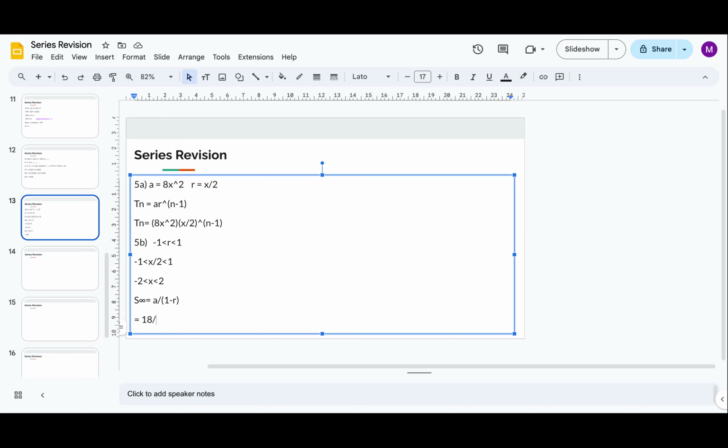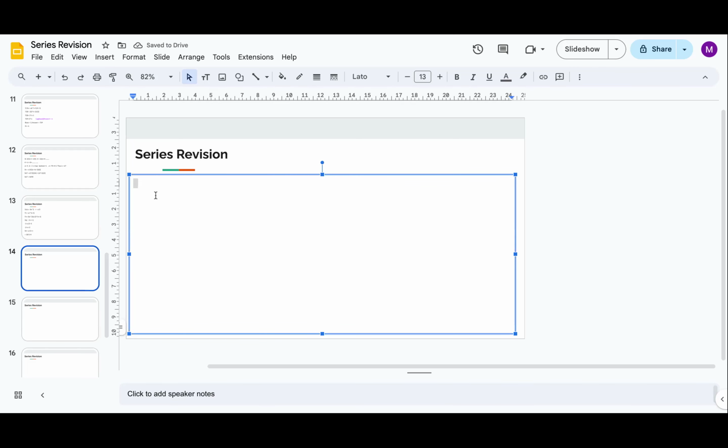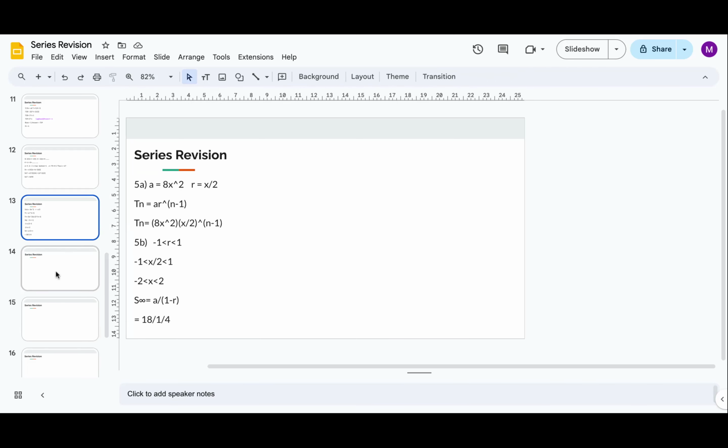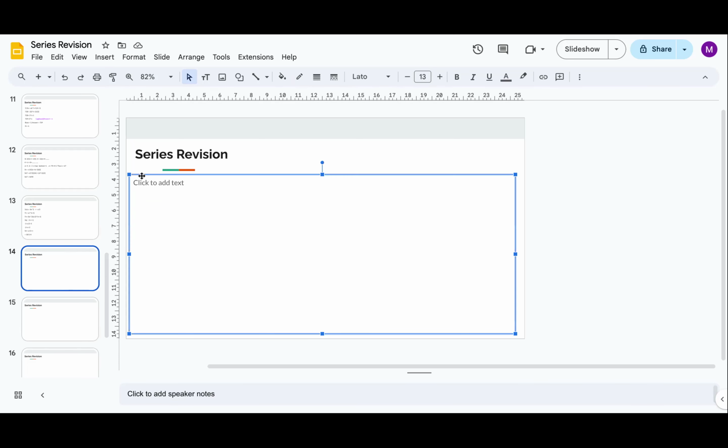So it's 18 over 1 over 4. And this will give me an answer of 72. So that is what my series converges to. When my x value is 3 over 2, it'll converge to 72.